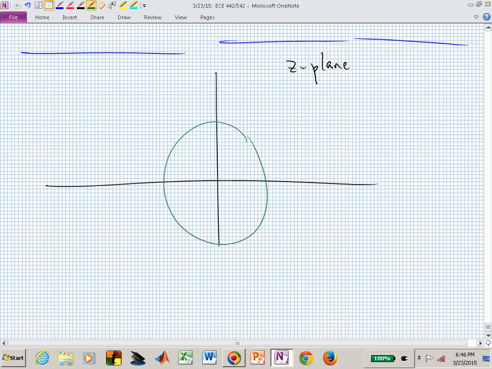Now you have a percent overshoot. What's that translate into? Some logarithmic spiral. And peak time. Some angle. Now maybe you have an angle there.